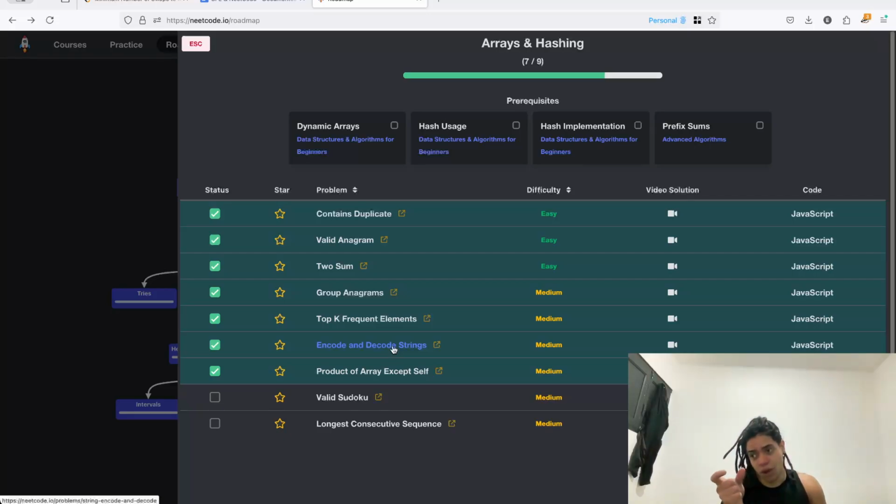So for example, when we encode that, we're going to put the length of that word followed by a separator that indicates that when the separator begins, now is when we have the word. Then we append that with the next length, the next word, followed by the separator, and the word, and so on and so forth.